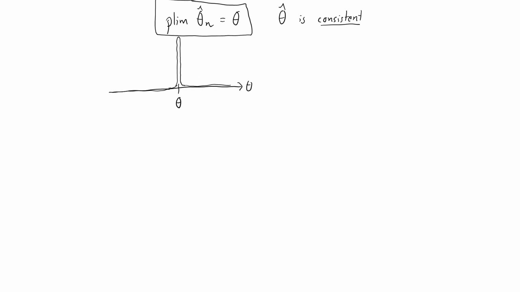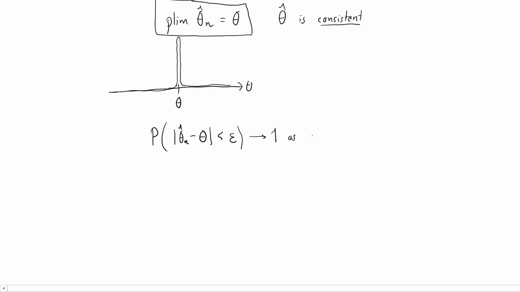Another way of defining consistency would then be that the probability that the distance between my estimator and the true unknown parameter theta is less than some arbitrarily small number epsilon will always go to 1 as n goes to infinity for every epsilon greater than 0.